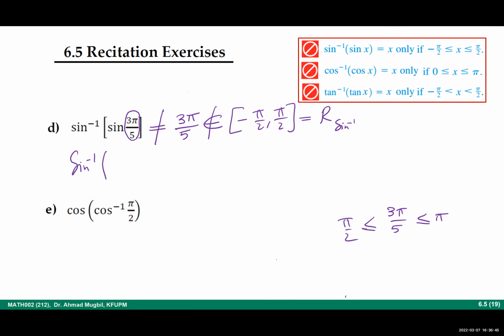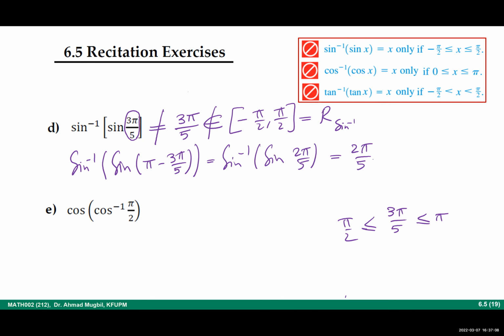So it is in the second quadrant. Since we are in the second, do you remember how to find the reference angle in the second? We will subtract the angle from pi. And in this case, we will have sine inverse sine of (5 pi minus 3 pi) over 5, 2 pi over 5. And this, of course, now equals 2 pi over 5.